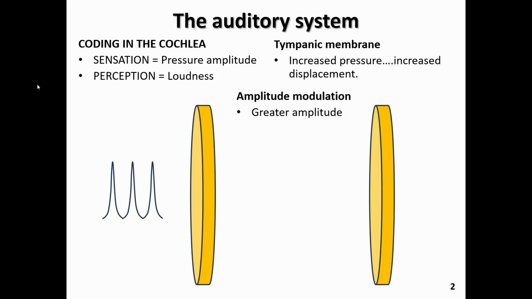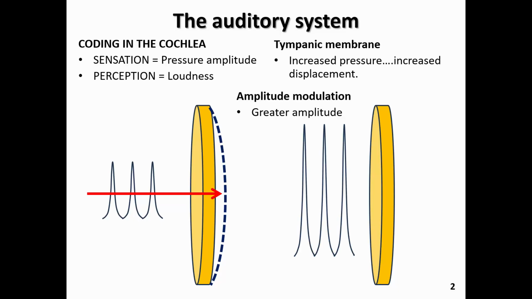On the left-hand side here we see in yellow a representation of a tympanic membrane, and a pressure wave coming from the external environment. This particular pressure wave has a characteristic amplitude, and when it hits the tympanic membrane, it causes that deformation of the membrane, which will then be conveyed to the inner bones of the ear, the ossicles.